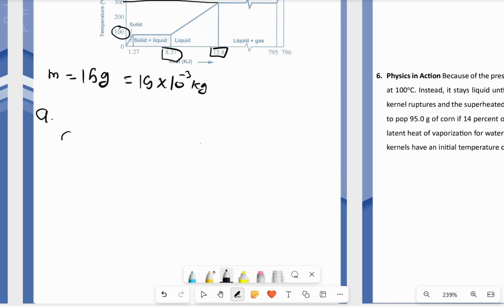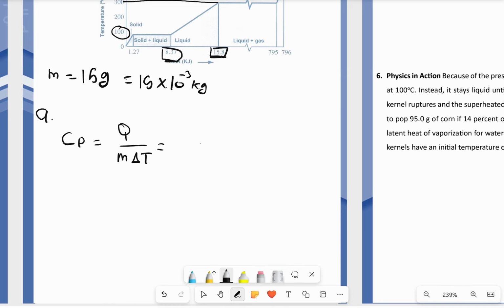First of all, specific heat capacity is equal to Q divided by mass divided by delta T. Do I have Q? How can I find Q? Q is going to be this one subtracted by this one.